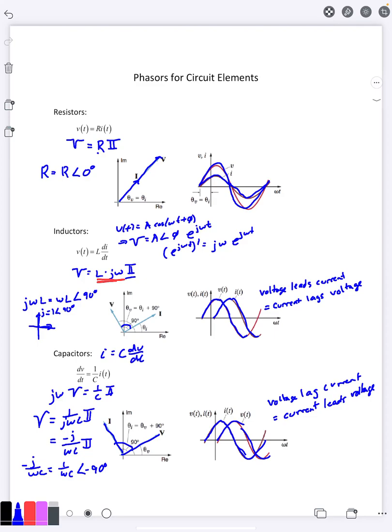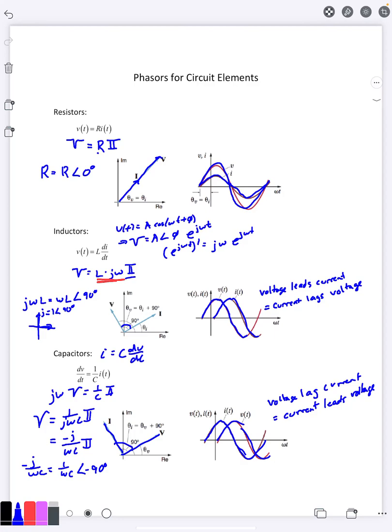So this is how phasors are going to interact with our three most common circuit elements. And it's important to understand how in some cases you're going to have voltage and current in sync. In some cases you're going to have one ahead of the other. For pure inductors, the voltage is ahead by 90 degrees. For pure capacitors, the current is ahead by 90 degrees.